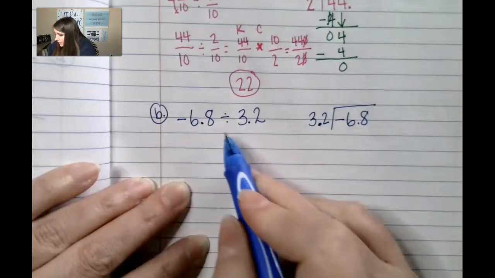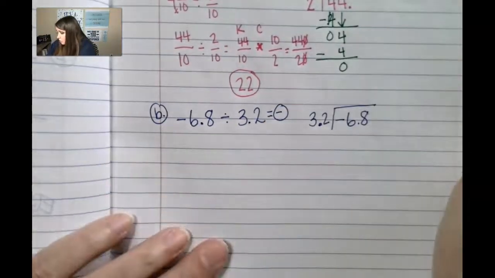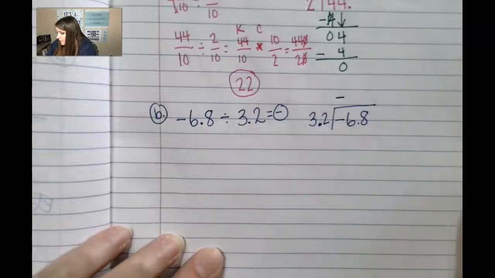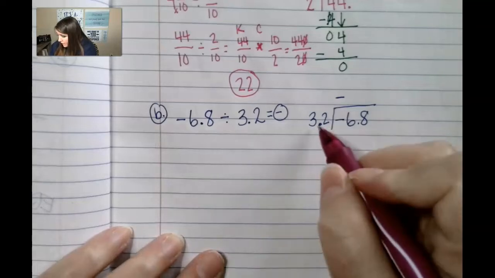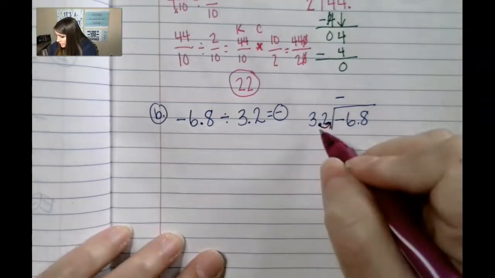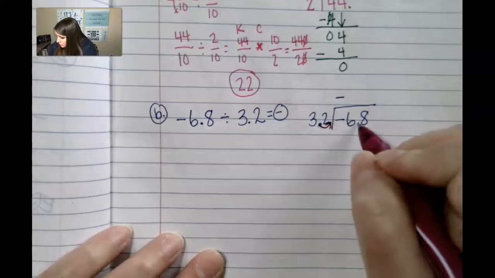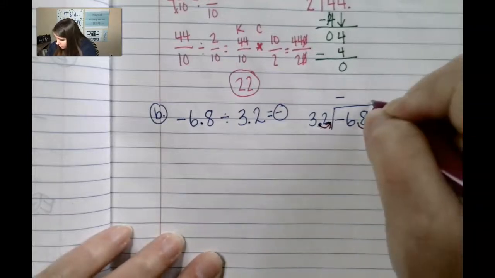We know a negative divided by a positive is going to give us a negative, so we can just make sure that we bring our negative sign up. Again, we're looking for a whole number on the outside to do the dividing part. So I'm going to move my decimal point once, which means here I need to move it once, and then I have to move it up.